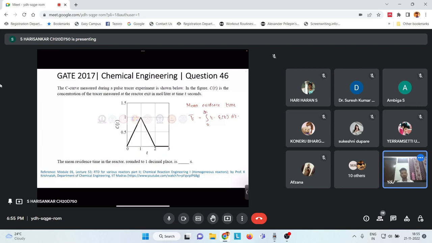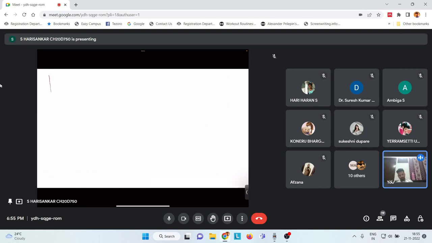So here let us divide this curve into two. Redrawing this curve, this was our RTD for 0, 1, 2, 3, so up to time 3 seconds. This was the concentration versus time curve.